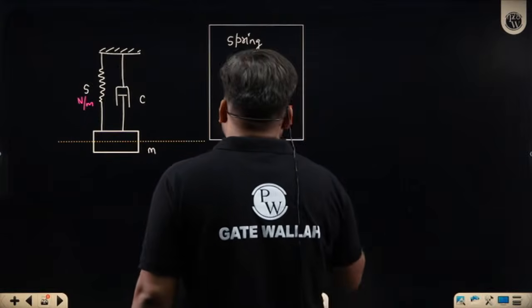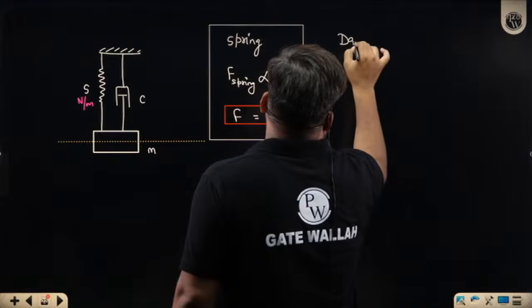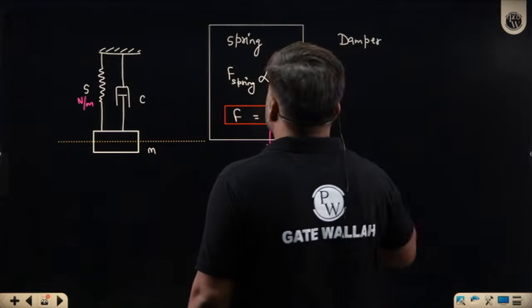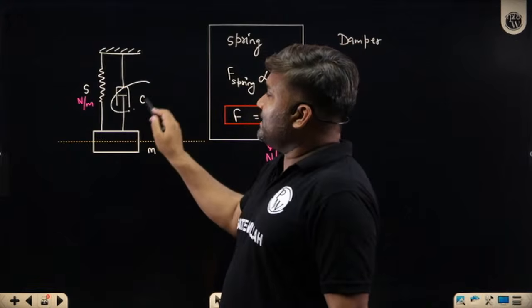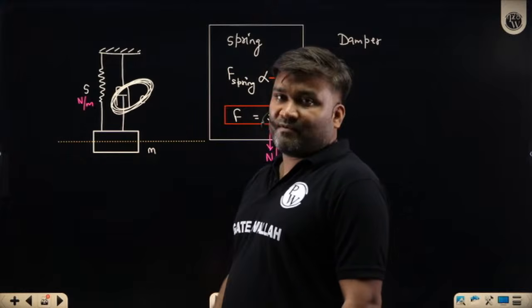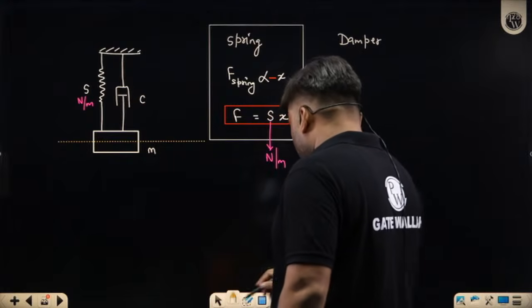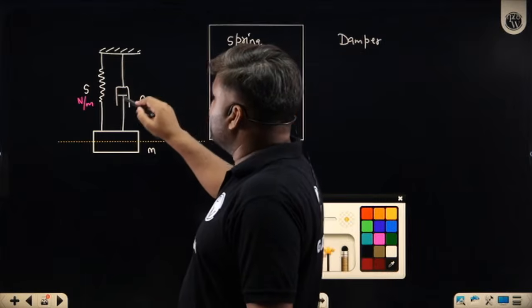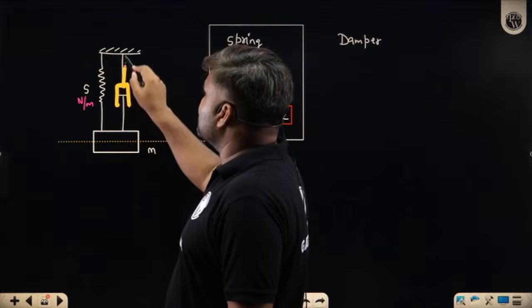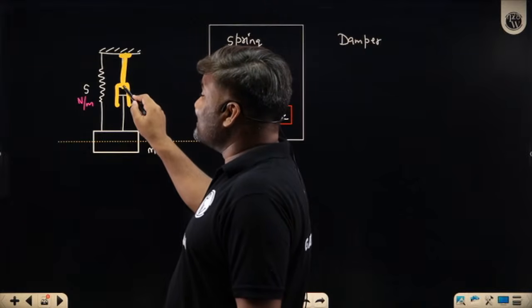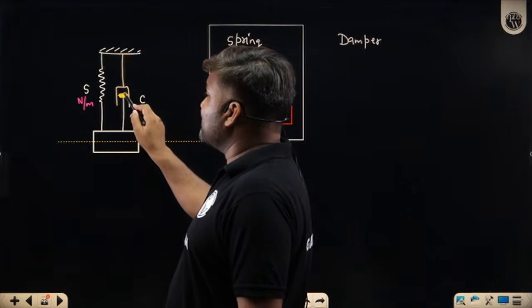Damper, what does it do? Sir, the damper only opposes the relative velocity. It opposes the motion. One end is a cylinder which is fixed. Inside the cylinder we have a piston which is attached to the mass.